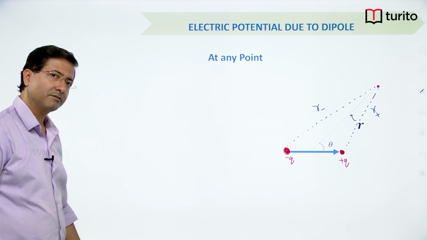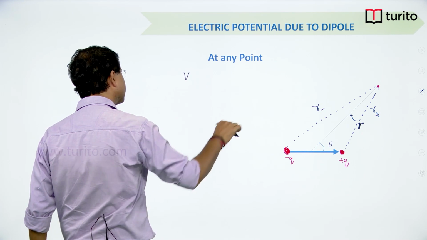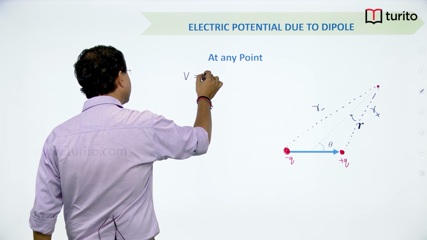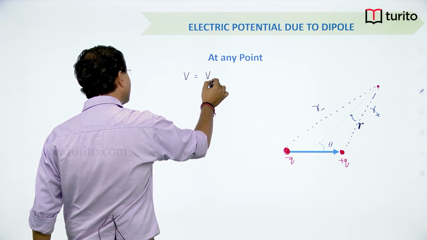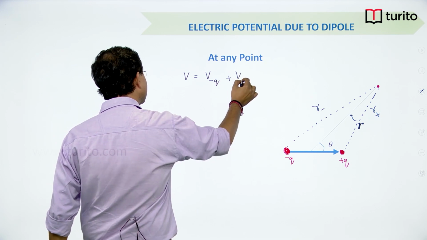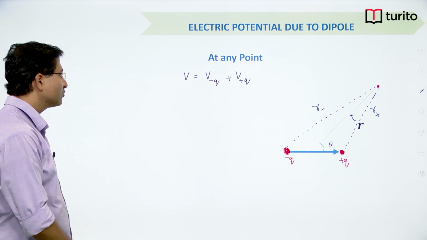So let us first write the expression for potential. Potential at that particular point is the potential due to the negative charge, the potential due to the minus q charge, plus the potential due to the plus q charge.